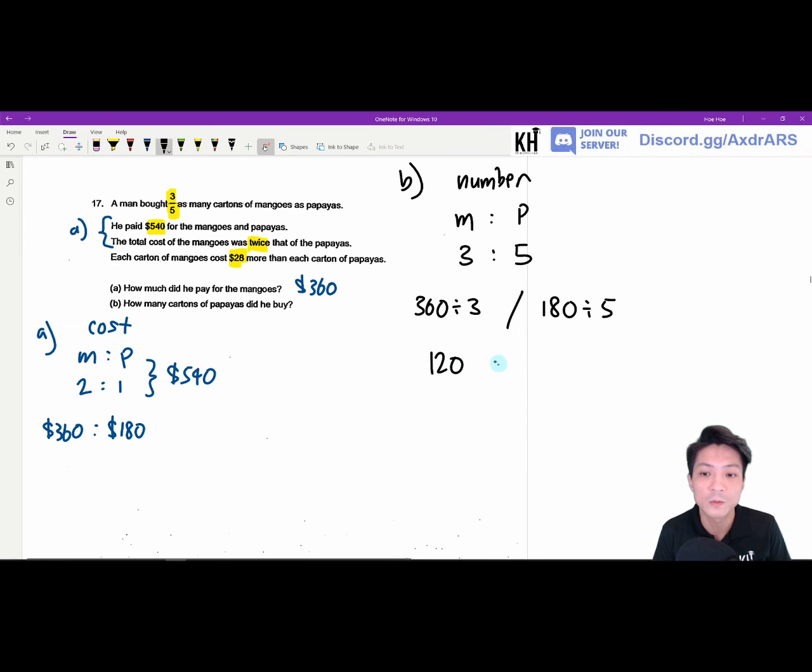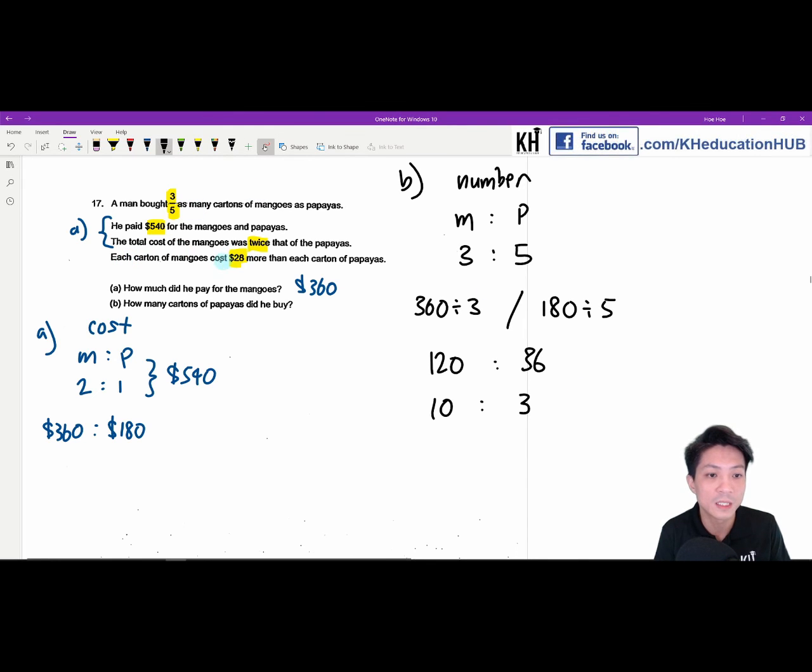This is 120 is to 36. We're gonna change this into the simplest form, which is 10:3. And this is basically the ratio of the cost of each carton.